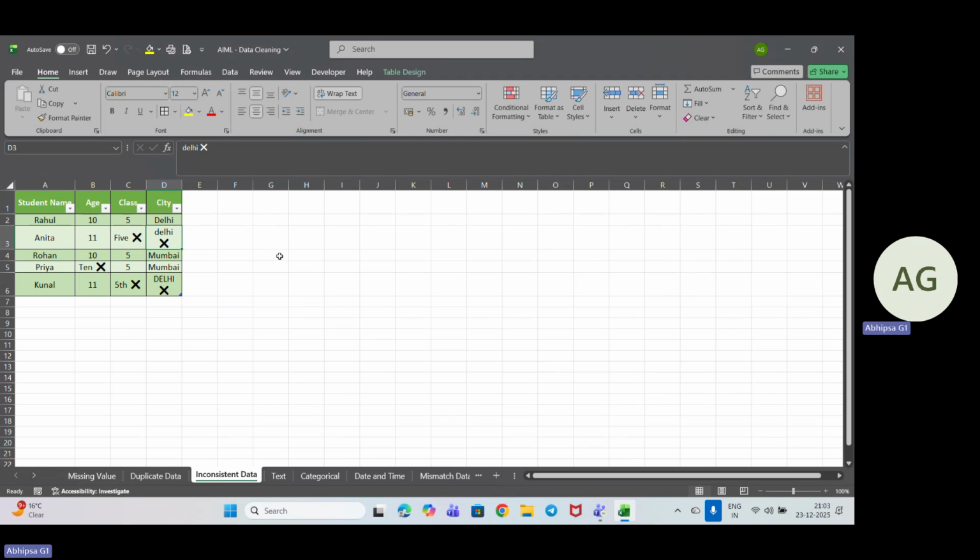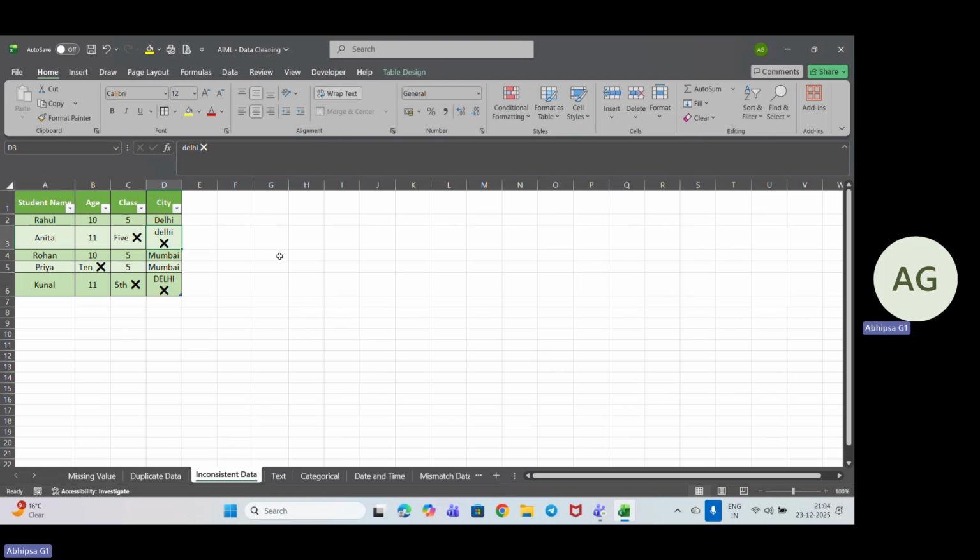So I need to fix the inconsistency that is there inside my data. Fixing the inconsistency is a major thing that we need to take care of here.